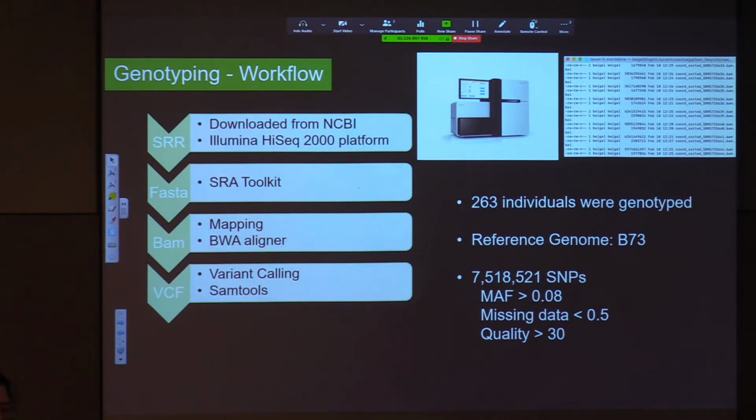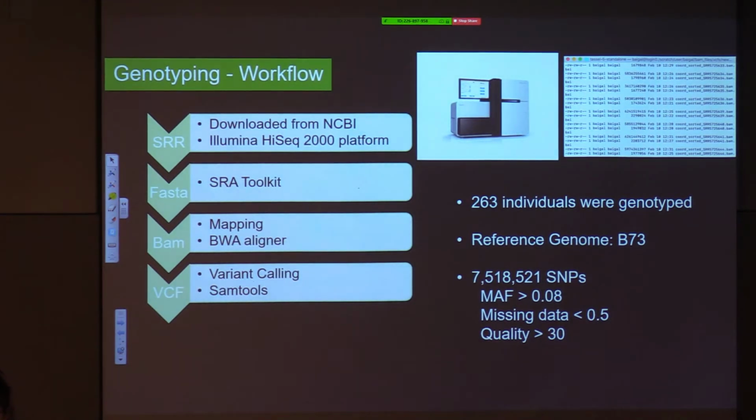And then the genotypic part was conducted on high-performance clusters. I first downloaded the sequence data from NCBI, which were sequenced on the Illumina HiSeq 2000 platform. And then I used the SRA toolkit to convert them to FASTQ files.